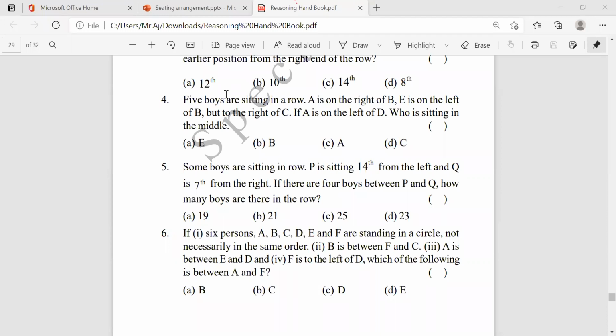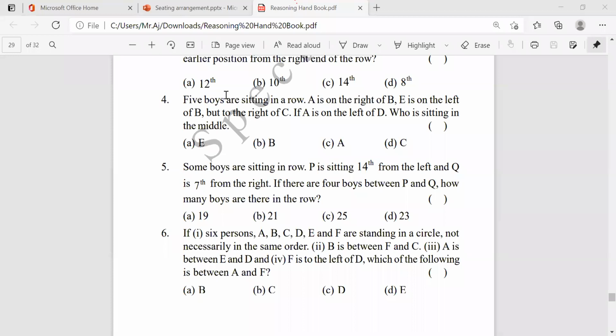If you want to solve seating arrangement, you must know the directions. How many directions do we have? We have 8 directions. And from directions, we need to know what is clockwise and what is anti-clockwise. Clockwise means the right side, they need to turn, and anti-clockwise means left side.